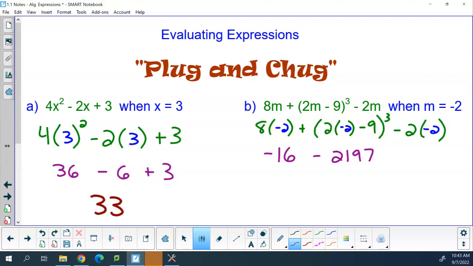Okay? And then 2 times negative 2 is negative 4, right? No. Minus a negative, that's like plus, right? Yeah. Okay?